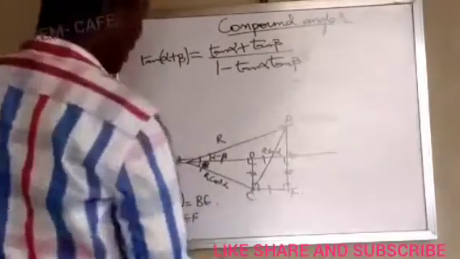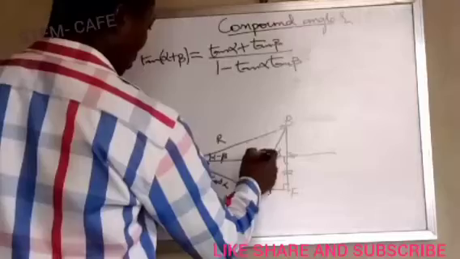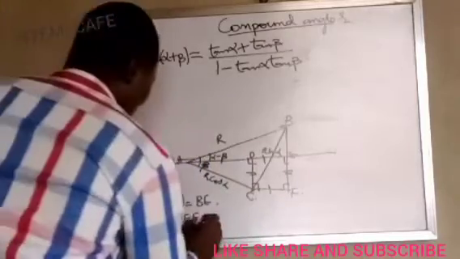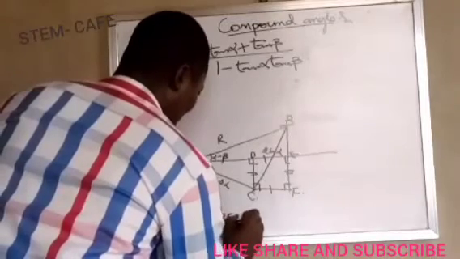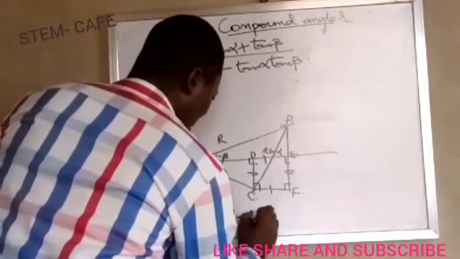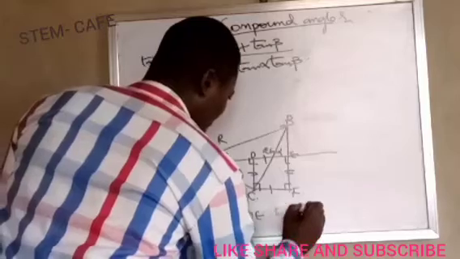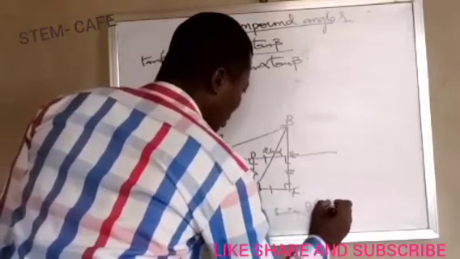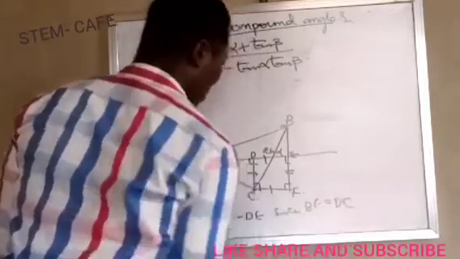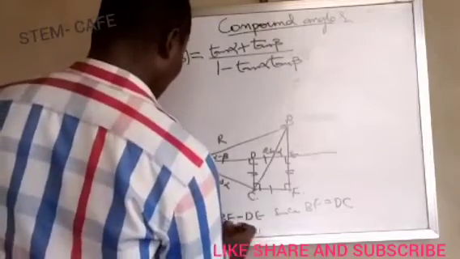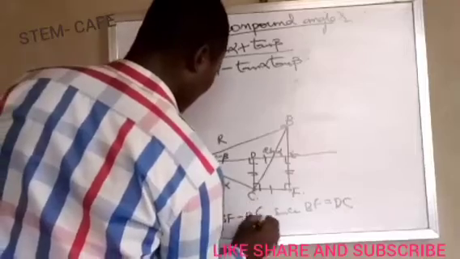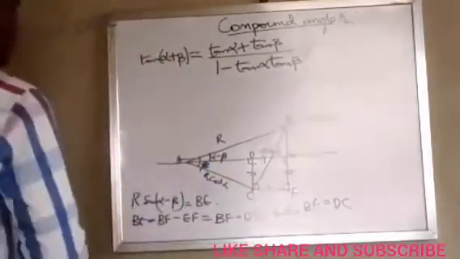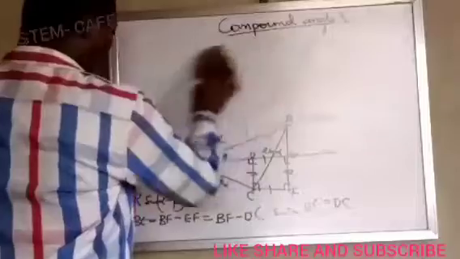And from this parallelogram, you realize that EF is equal to DC, which gives us BF minus DC. Then, what is BF?